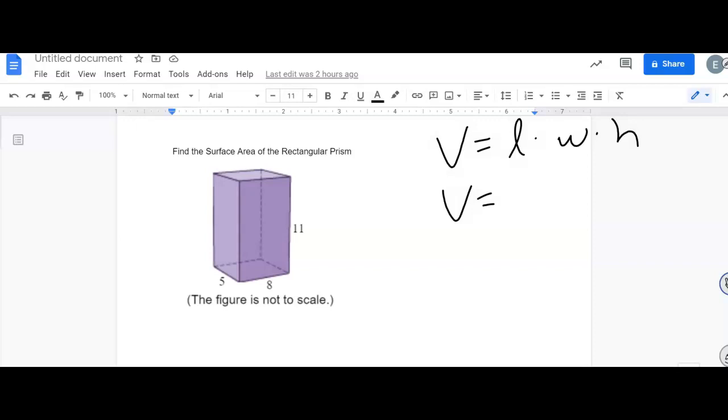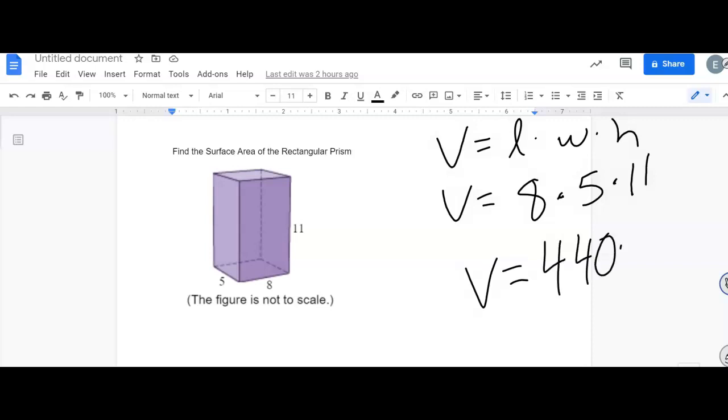Okay, 8. What is the width? Jack. 5. What is the height? Caitlin. 11. We multiply all those together, we should get the 440, right? Units cubed. Sounds pretty good, right? You can handle that?